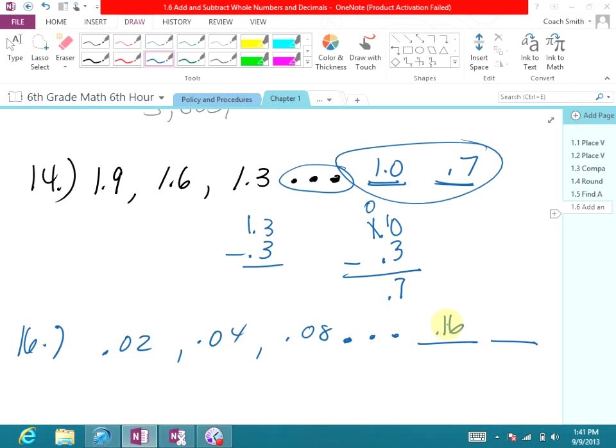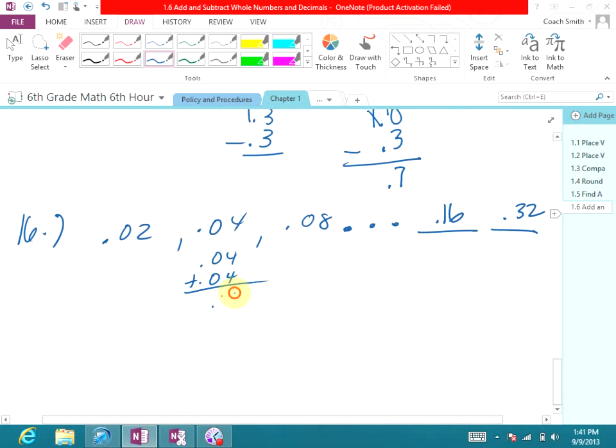If 0.16, Shania? No, we're doubling it. Erica? 0.32. You're doubling it. You're taking and adding the same amount. In other words, look, you're taking 0.04 plus 0.04. That's 0.08.